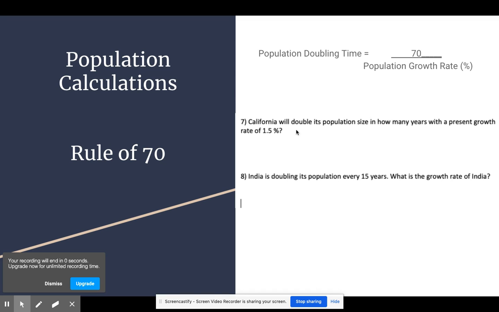So here we have a couple more practice problems involving this, and we're going to take a look at it from 2 angles. If California has a present growth rate of 1.5%, it will double its population size in how many years? And then in the next problem, it tells you the population is doubling every 15 years and asks you to calculate the growth rate. So if you can try those right now.